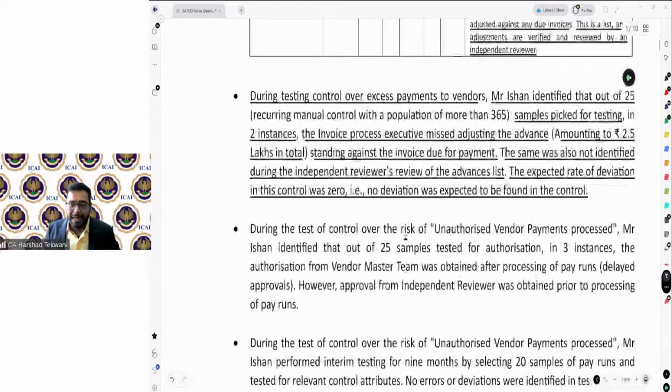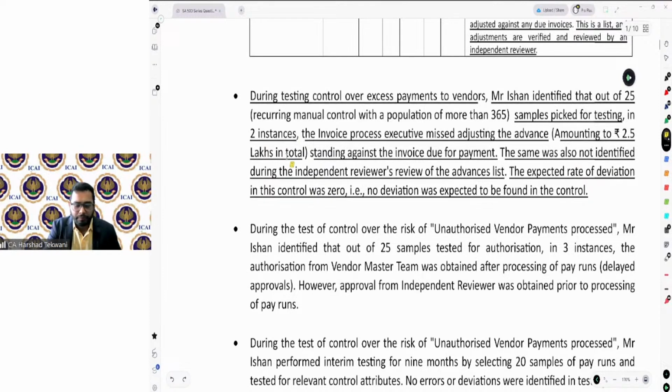So in the control itself, what happened is Mr. Ishan identified two instances wherein the executive missed adjusting the advance amounting to 2.5 lakhs in total, and it was out of 25 samples.